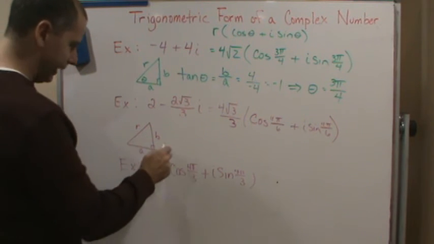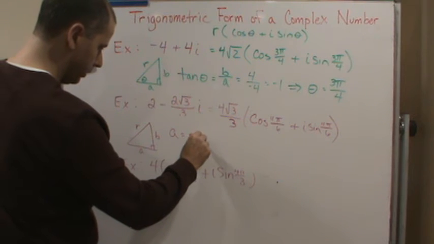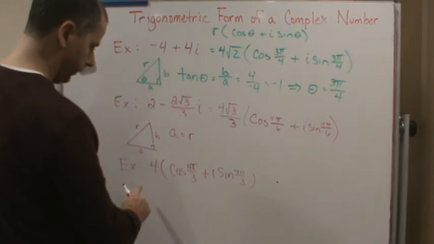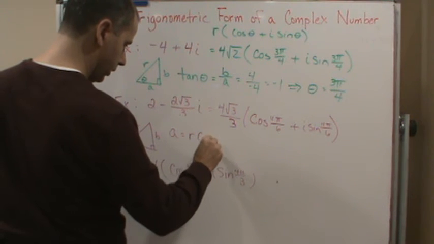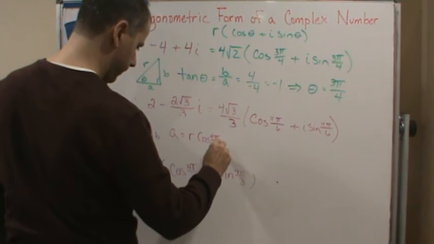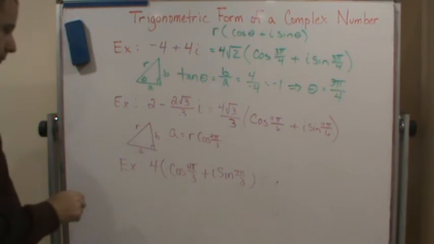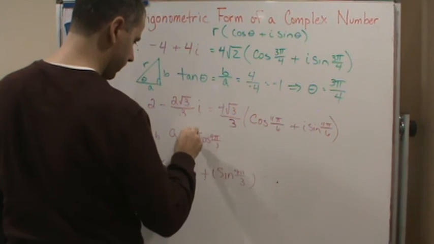And so we know a is equal to r cosine theta, but r is here. R is 4. R cosine 4 pi over 3, where r is 4.